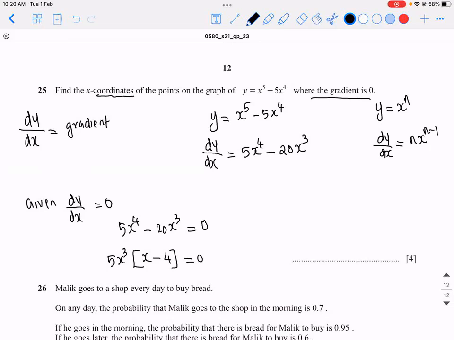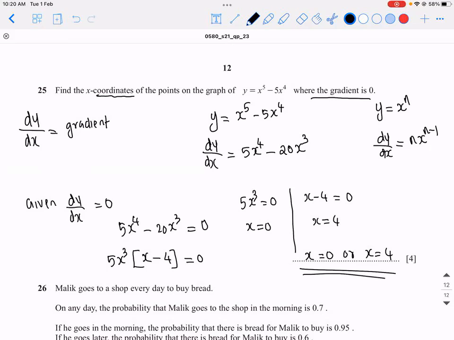That means the product of these two terms is 0, so either 5x cubed is 0 or x minus 4 is 0, correct? So x has to be 0 or x has to be 4. Either x is equal to 0 or x is equal to 4. So that is the answer for this question.